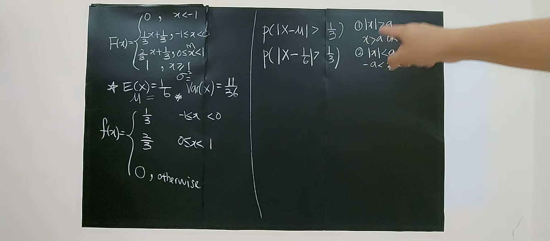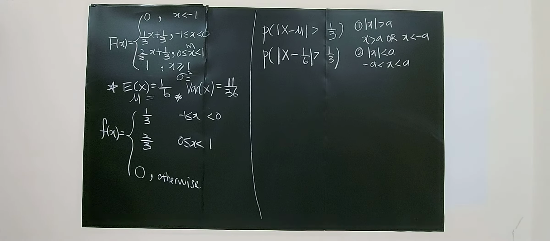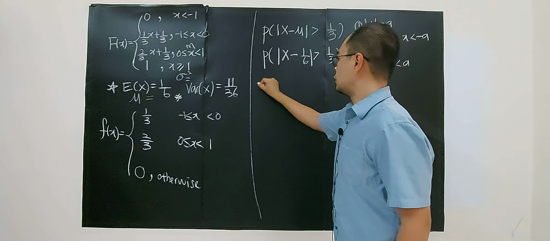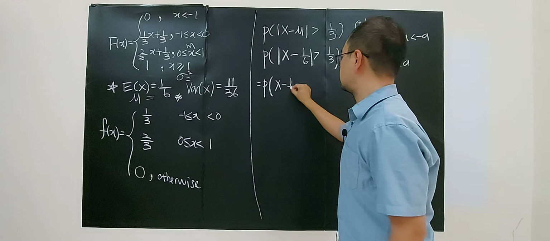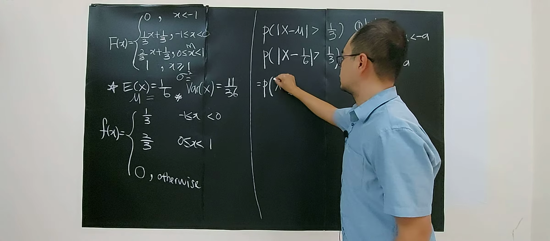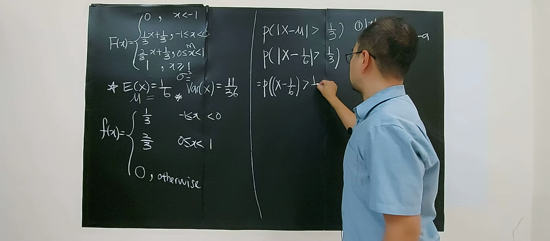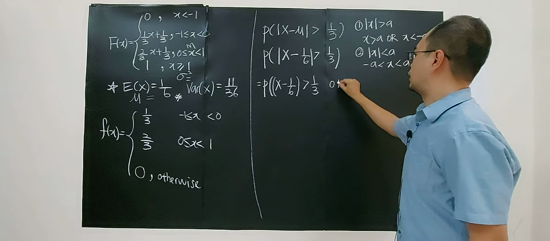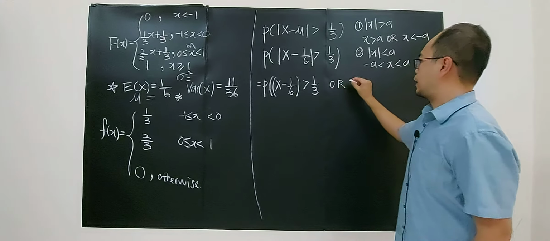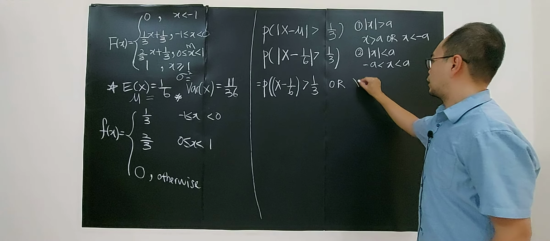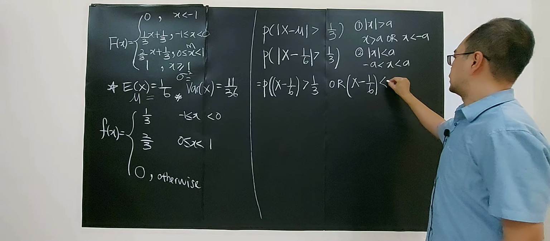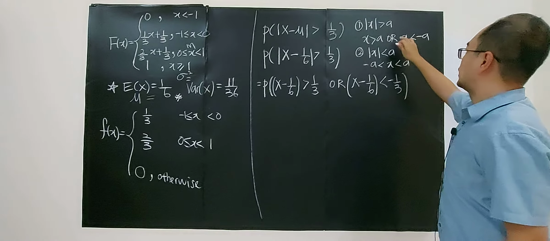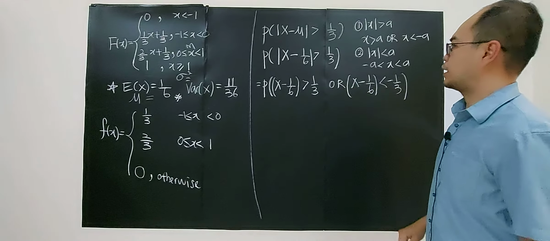So we apply the basic definition for inequality. So you get the probability of x minus 1 over 6 greater than 1 over 3, or x minus 1 over 6 less than negative 1 over 3, right? Less than negative A, the A here.